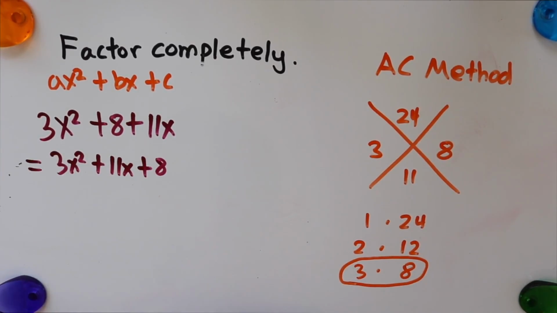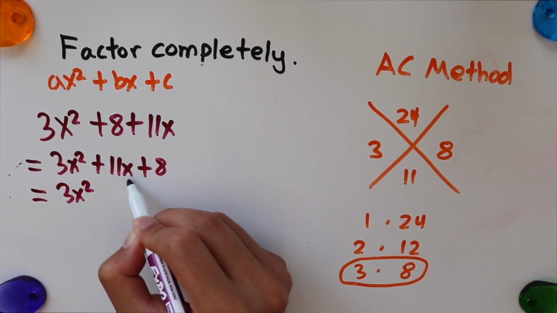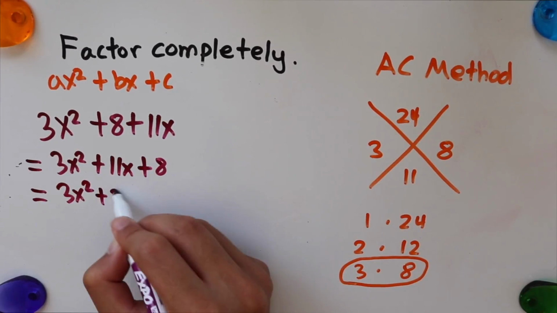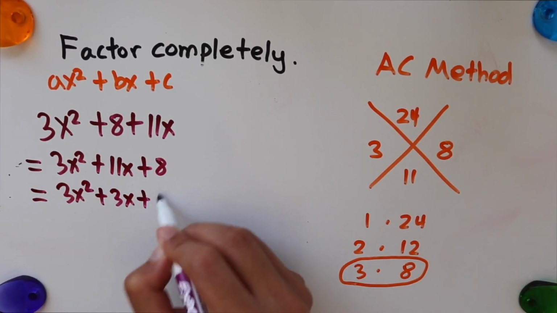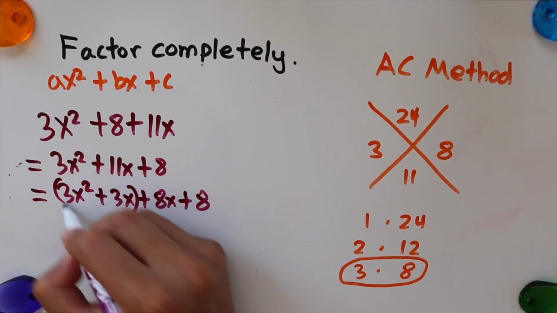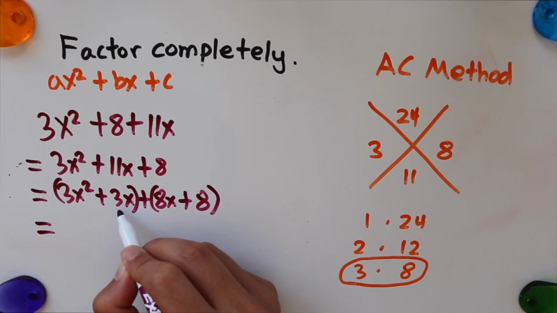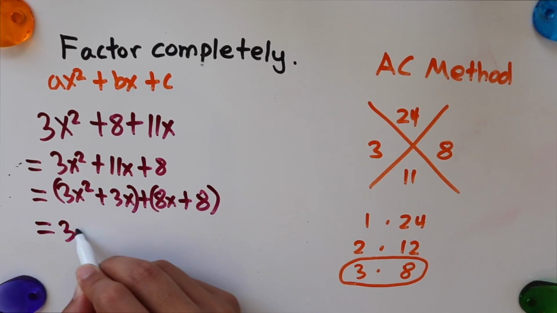So now, when we replace the 11x with positive 3x and positive 8x, group together these terms like so, factor out a 3x from here.